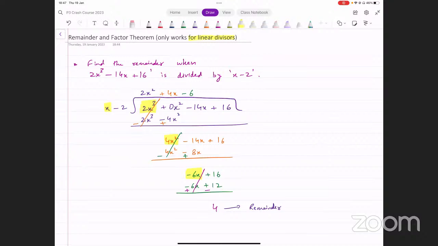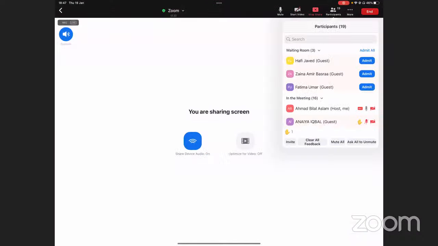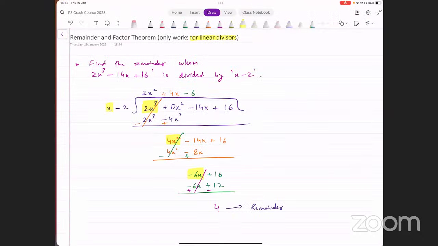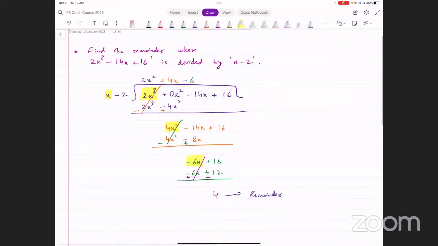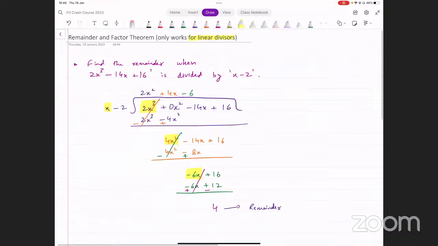Otherwise, you can't use this. All right. So I was saying you can only use this theorem for linear divisors. Otherwise, you cannot use it.